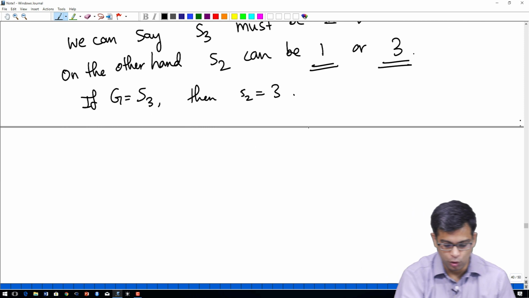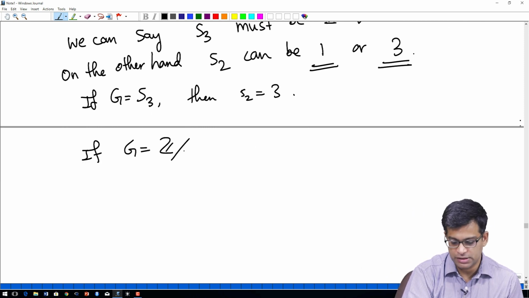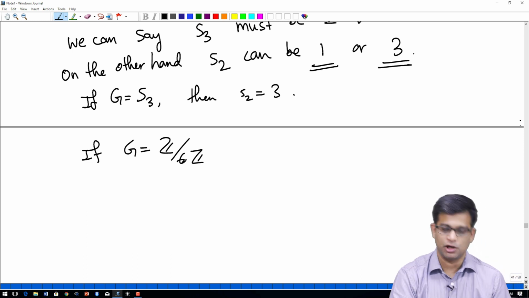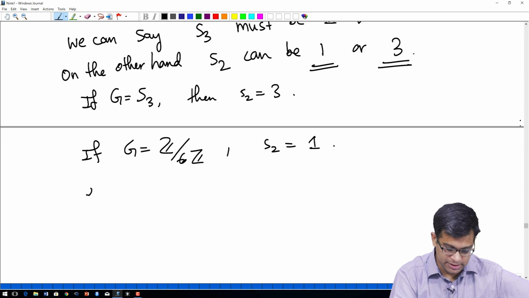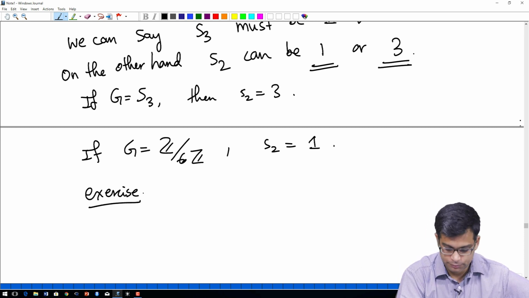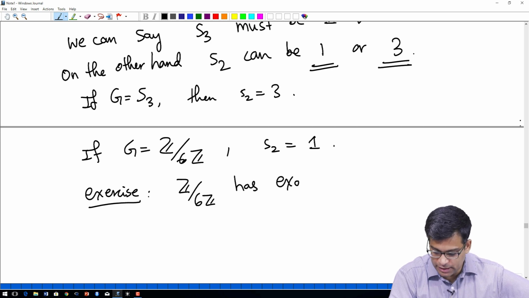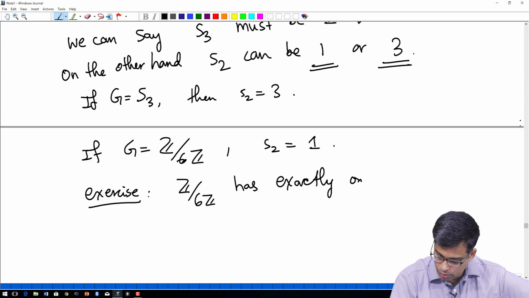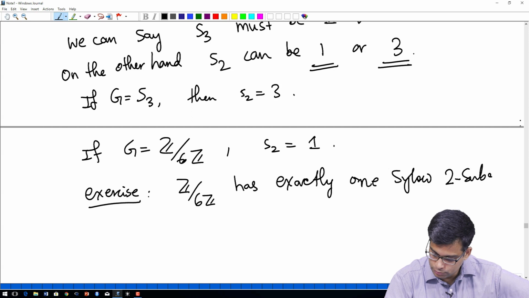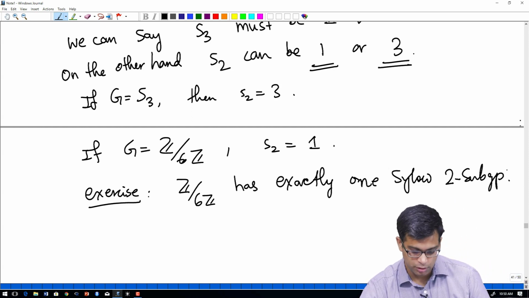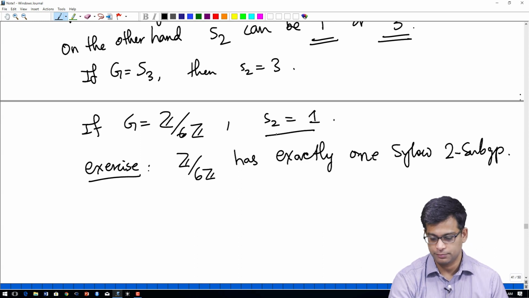On the other hand, if we take the group to be Z mod 6Z, this is also a group of order 6, then S2 is actually 1. This is an exercise for you. Z mod 6Z has exactly 1 Sylow 2 subgroup. Okay. So, in this case S2 equal to 1 is achieved.